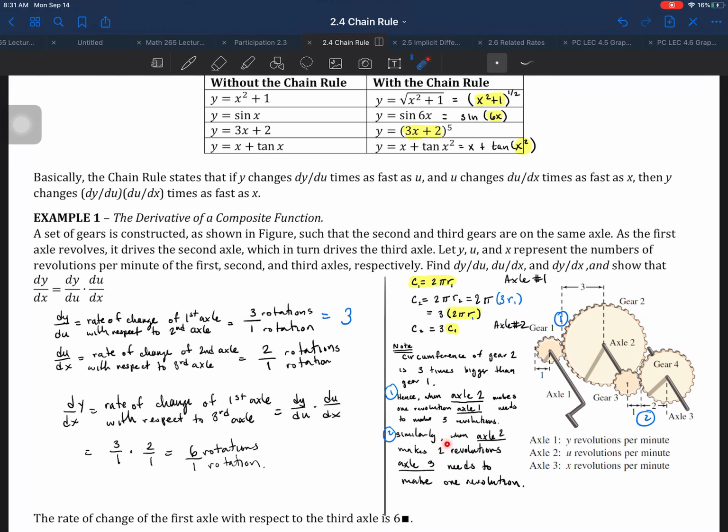So in a similar argument, we can say that if axle 2 makes 2 revolutions, then axle 3 needs to make 1 revolution.